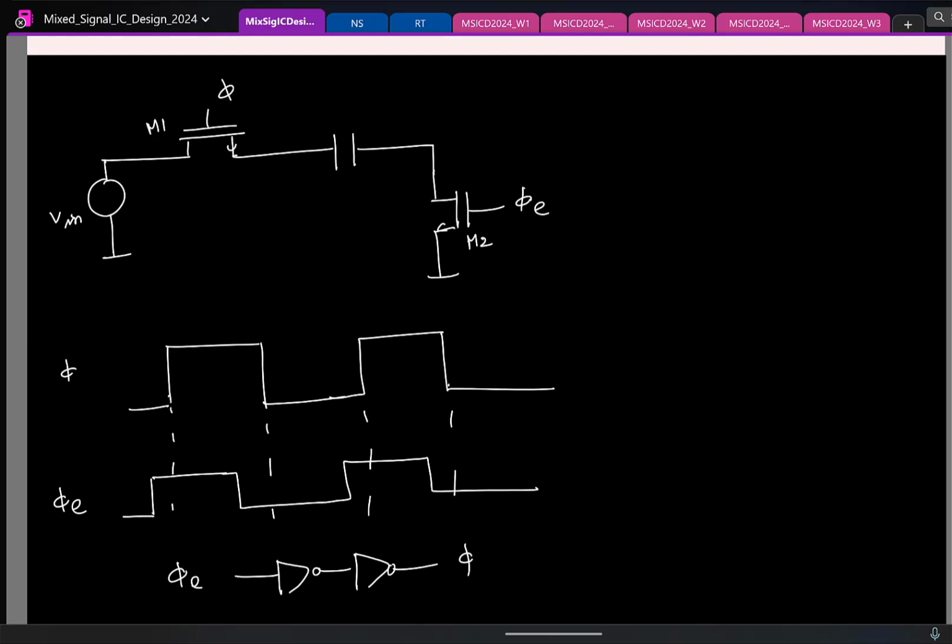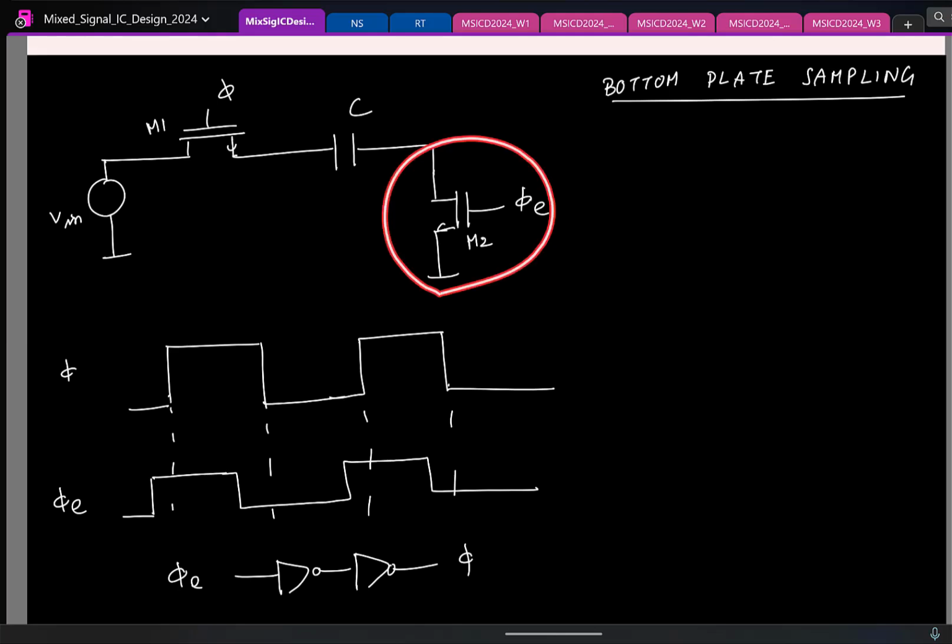So this is called bottom plate sampling, for obvious reasons, because the switch at the bottom plate of the capacitor is what is sampling it.